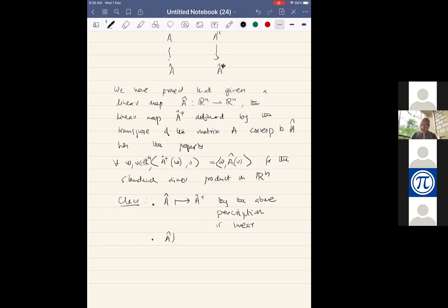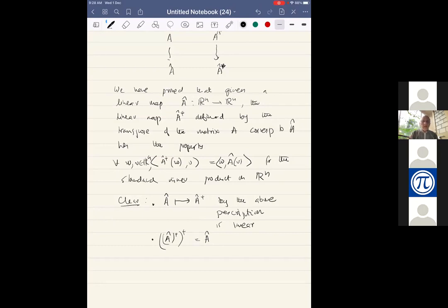Also, A hat dagger dagger is A hat, because on the matrix side, it is taking the transpose of a matrix and then taking its transpose again, which will bring you back to the original matrix. So taking this dagger twice is the identity map L(V) to L(V). So this shows that at least this map is an isomorphism.